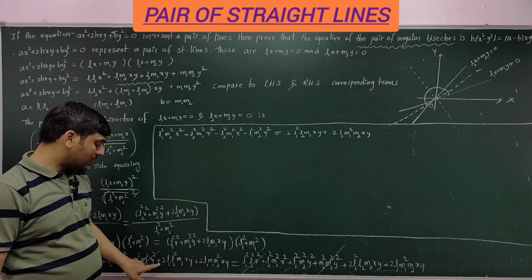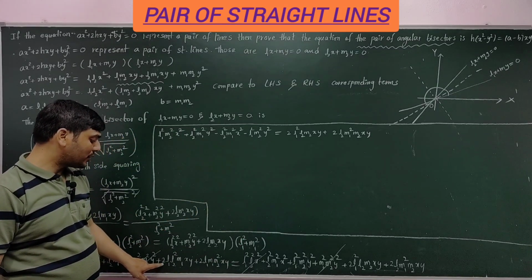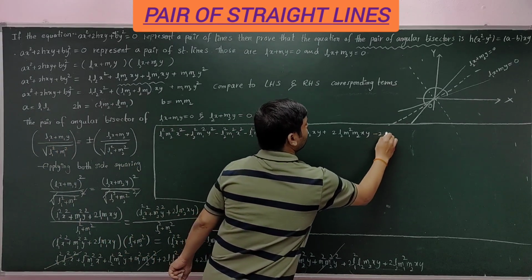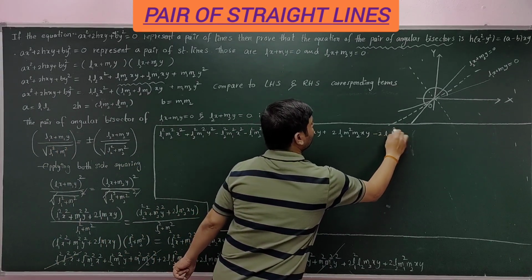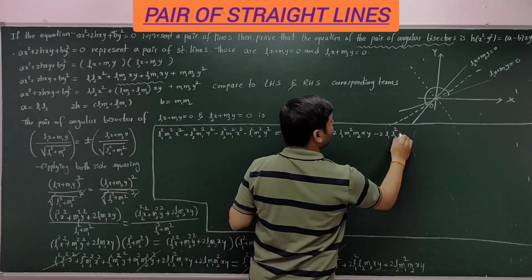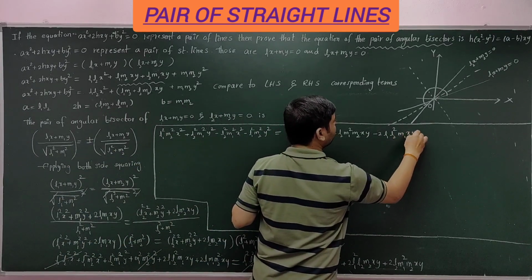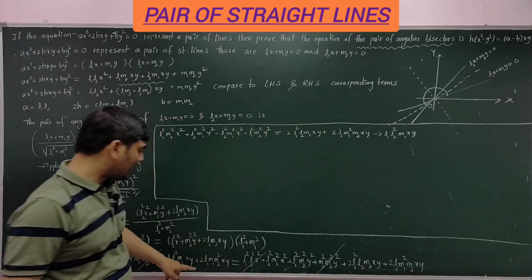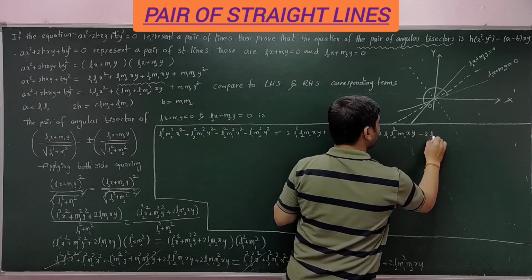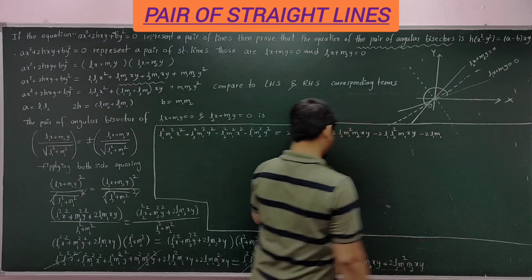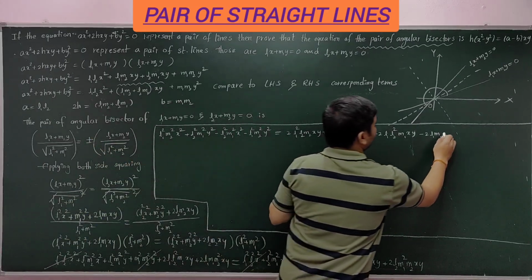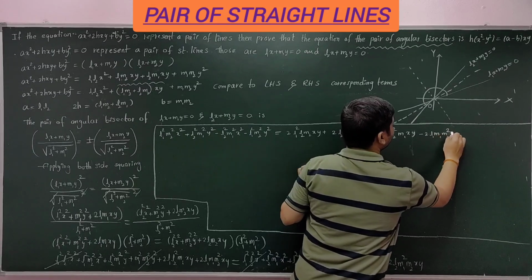The first term is plus, so you write minus 2 l1 l2 square m1 xy. Similarly, minus 2 l1 m1 m2 square xy.